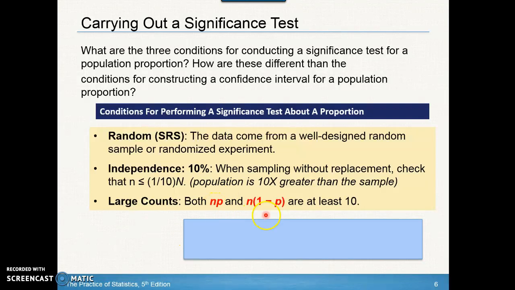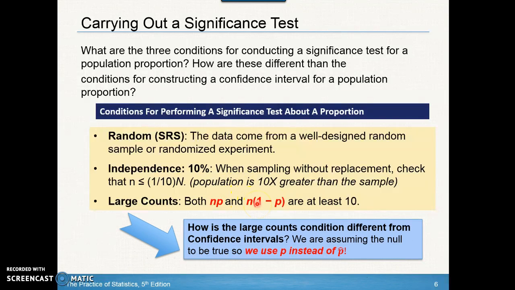So when you check the normal condition, you want to use the population proportion, not the sample proportion. Why is that? We're assuming that the null is true, so we're using the population proportion instead of p hat. This is different from confidence intervals because with the confidence interval, we didn't have p.